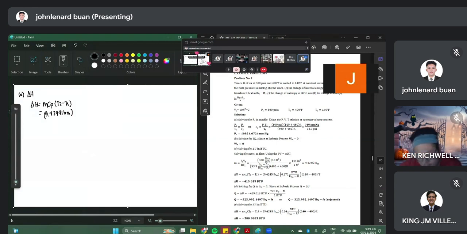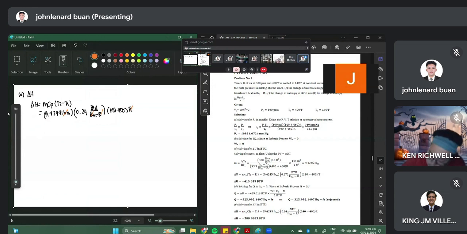Okay? And then, after that, what is the value of CP of air? The value of CP ng air in English units is 0.24 BTU over pound mass runtime. And then simply 140 minus 400 for temperature. Unit analysis: pound mass cancel, runtime cancel.